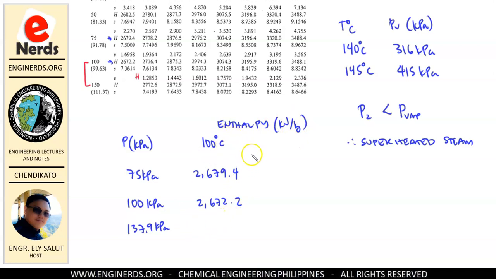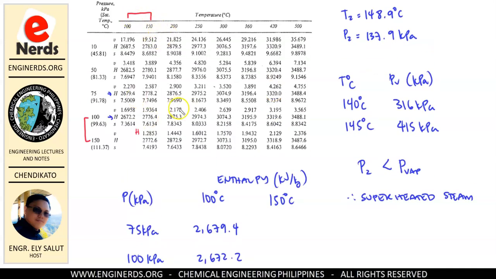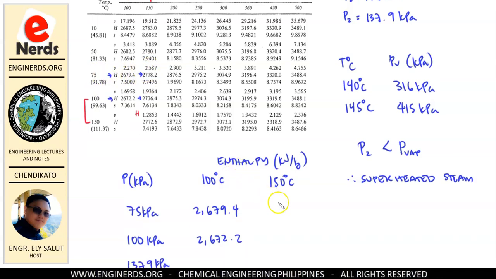Okay, so next is yung 150 degrees Celsius. So let me write that here. We have 150 degrees Celsius. So ito yon, 150 degrees Celsius. So ito naman ang kukunin natin. At 75 kilopascal na pressure natin, we have 2,778.2.